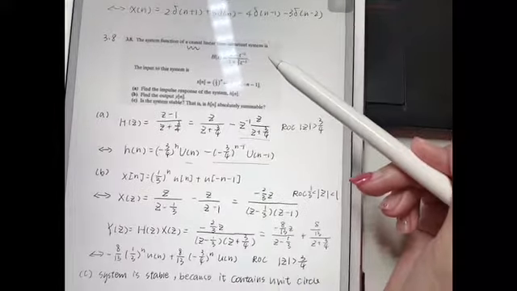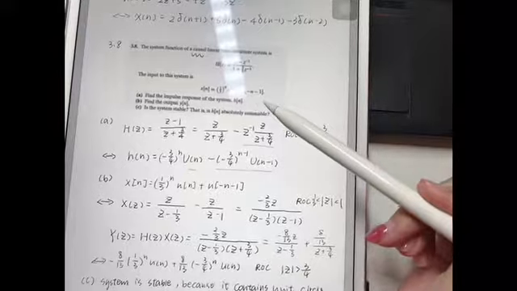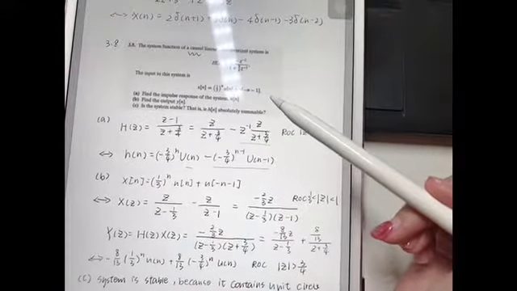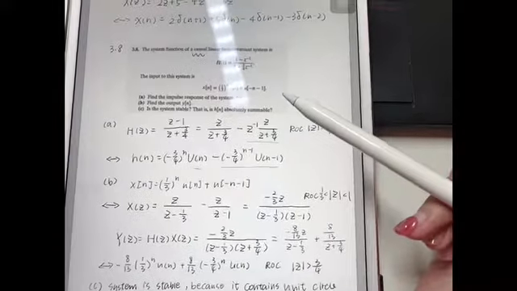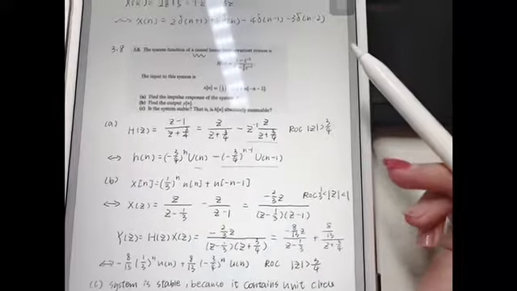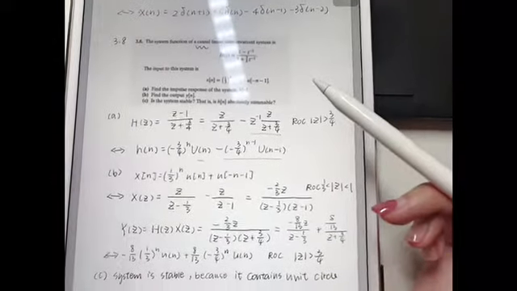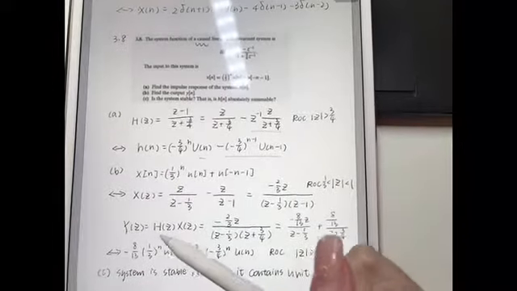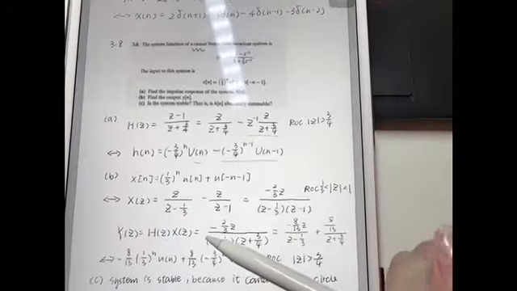So when we need to find the output y[n], we can first find Y(z). That will be easier to calculate. Y(z) equals H(z) multiplied by X(z).